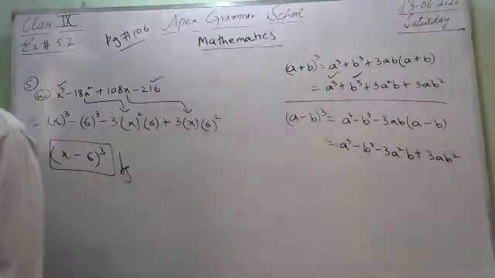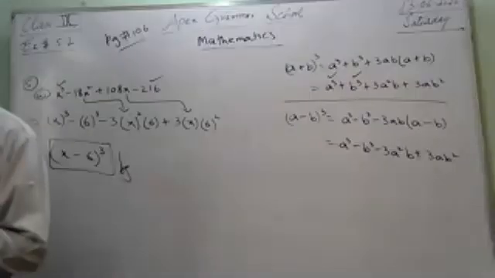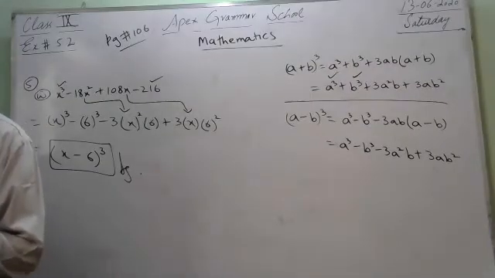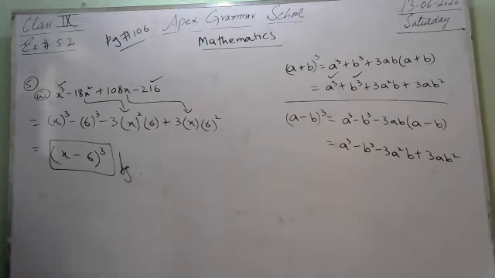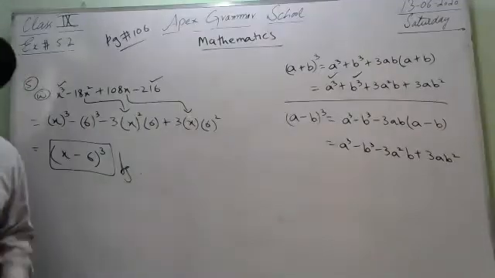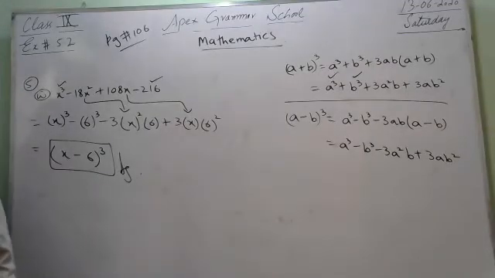Now we will move forward with exercise 5.3. Exercise 5.3 contains the remainder theorem. How to find the remainder? What is the remainder here? First we have to clear it.